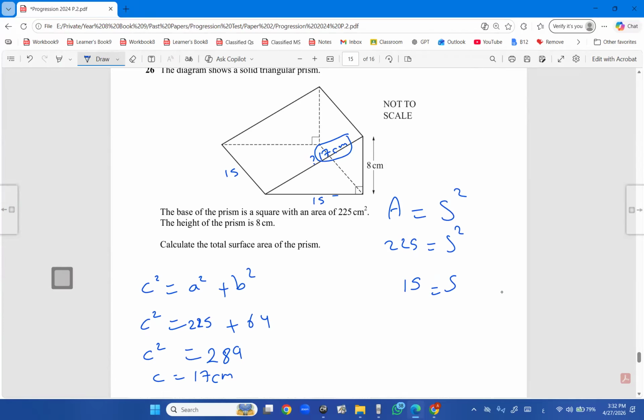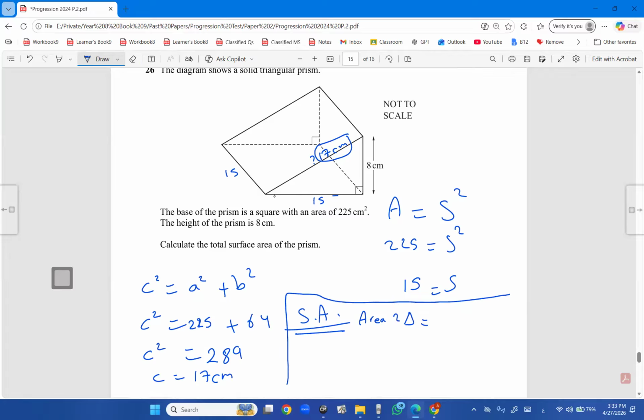So far, I still haven't found the surface area yet. The surface area is as follows. You need to find the area of one triangle, then double it. All right, no problem, mister. Area of 2 triangles, not only one.